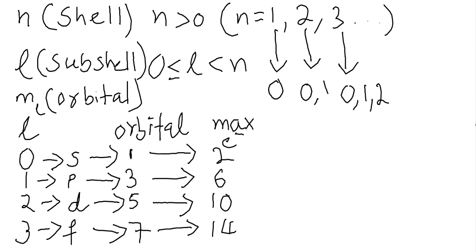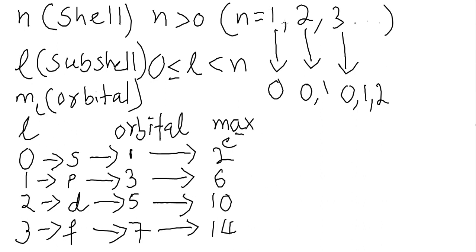Before we write electron configurations, one last thing to mention is we are going to put electrons in their shells, subshells and orbitals starting with the smallest value of the shell, n equals 1. And also within the n equals 1 shell, we will put the electrons in the smallest subshell, l equals 0, which is s.